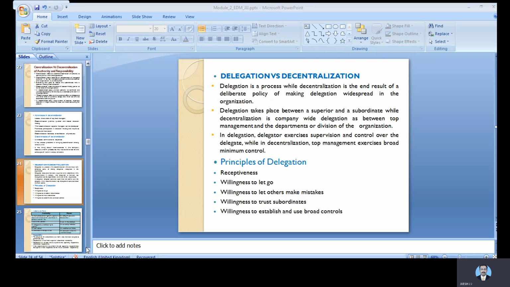And along with that, some of the principles of delegation are: willingness to let go, willingness to let others make mistakes, willingness to trust subordinates, and willingness to establish the use of broad control.